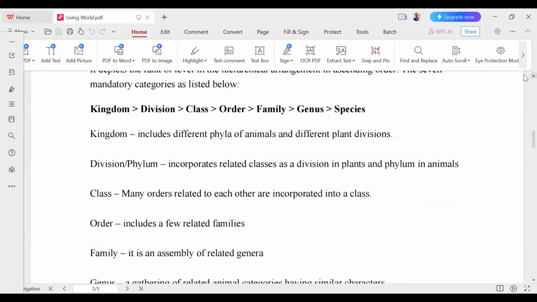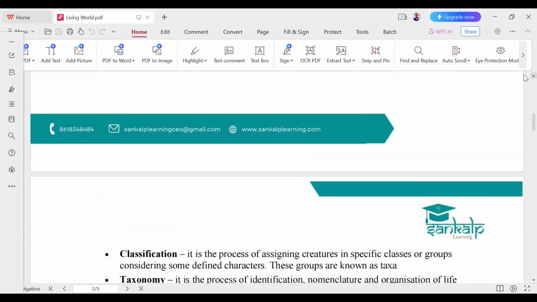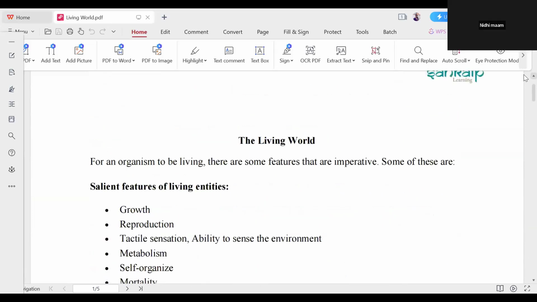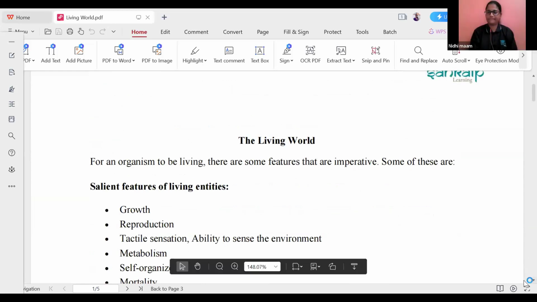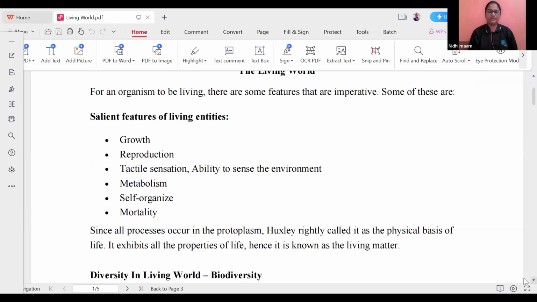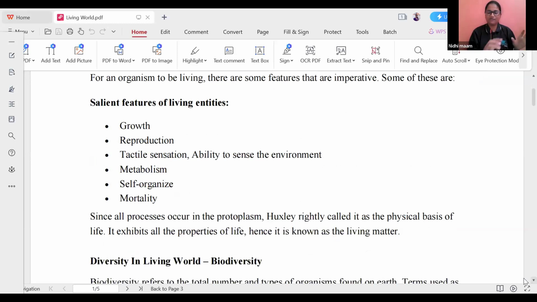Now we will discuss certain concepts related to CET from this lesson. In this lesson, we have to concentrate on specific features of living entities. If you are calling anything a living thing, what characteristics will you consider?